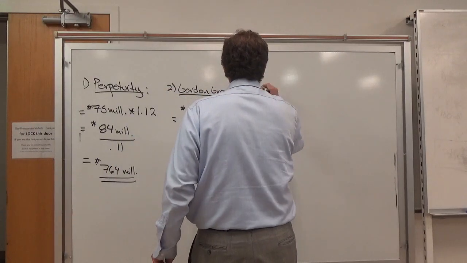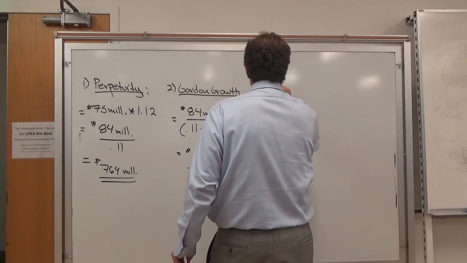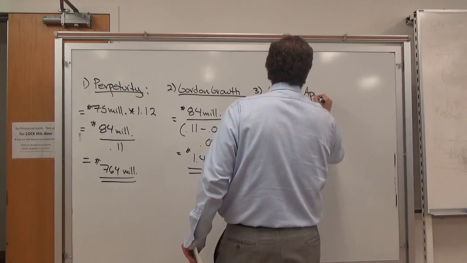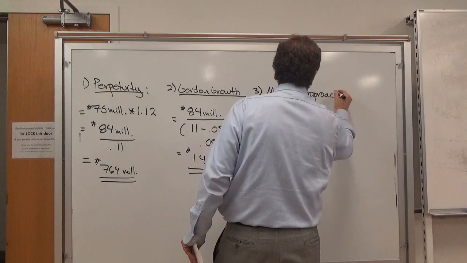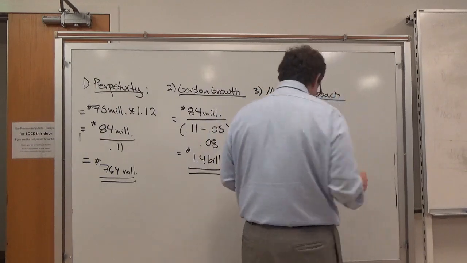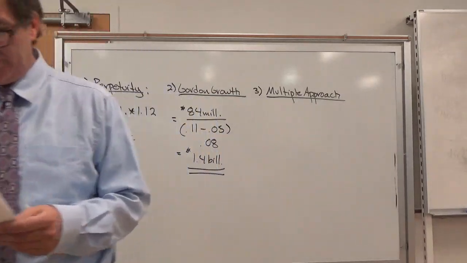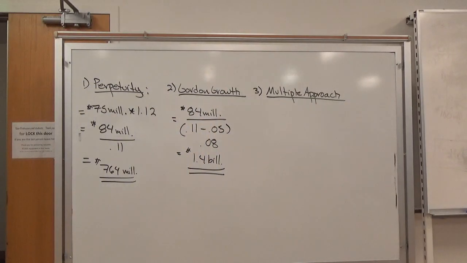What's the third method? Multiple approach. This one's a little bit different, right? Because we're not using NOI on this one. We're using the gross potential rental income, the gross income multiplier.